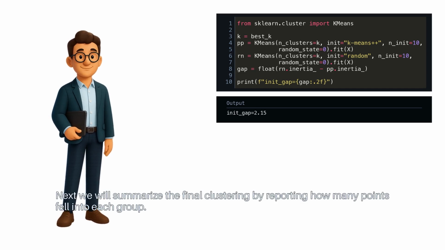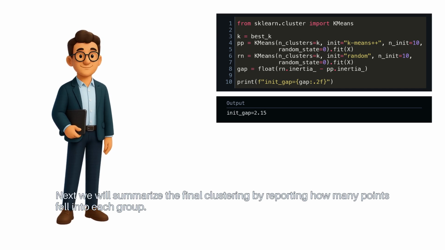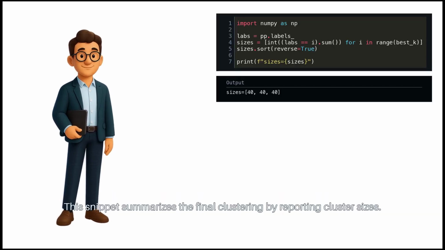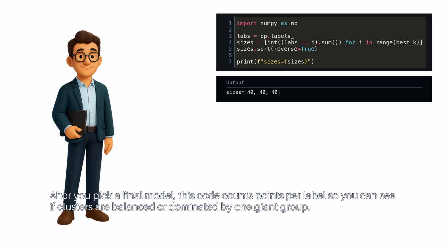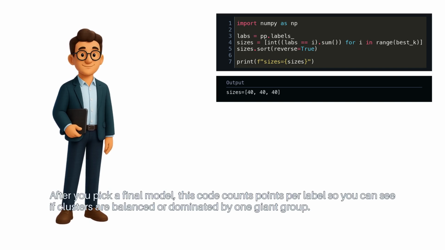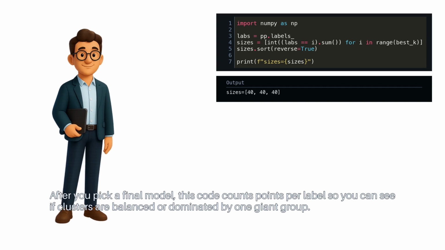Next, we will summarize the final clustering by reporting how many points fell into each group. This snippet summarizes the final clustering by reporting cluster sizes. After you pick a final model, this code counts points per label so you can see if clusters are balanced or dominated by one giant group.